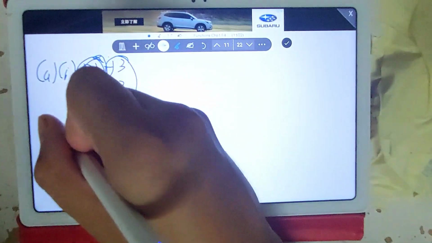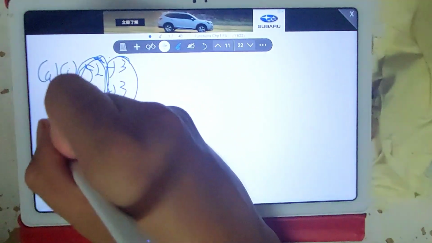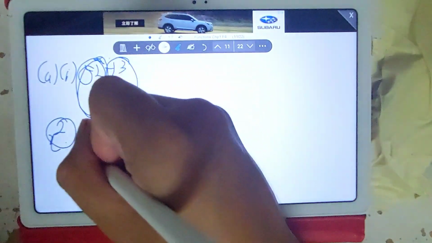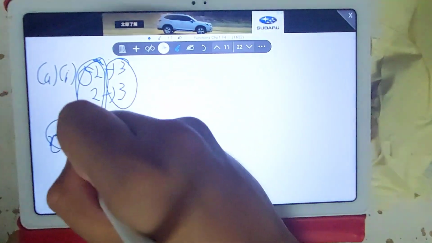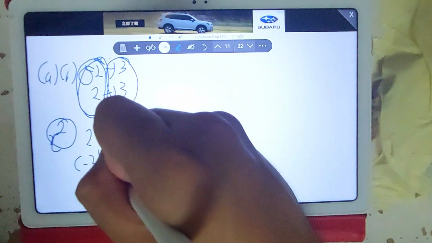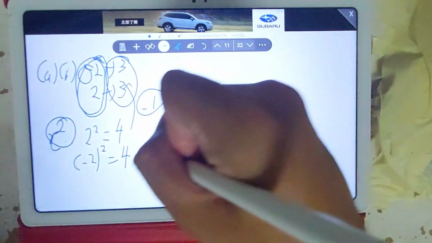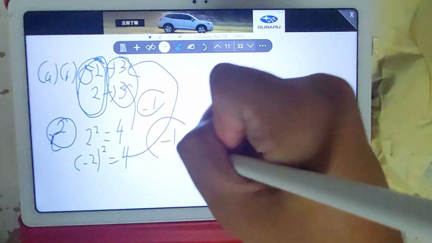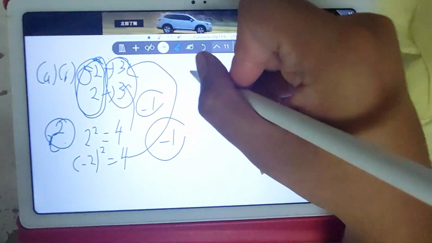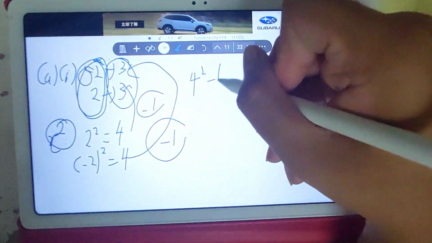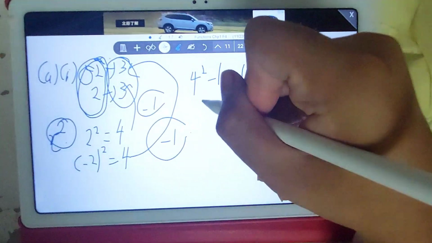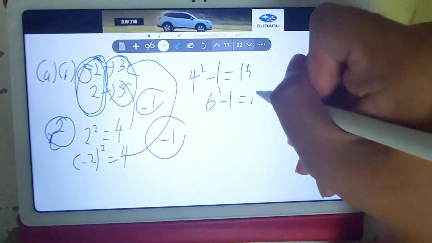So you can directly think of the square function, because if you square a positive number, 2 square, you get 4, and a negative number square, you also get 4. And how to get to 3 is you just minus 1. Both applies this concept. And if you take a look at the next numbers also, 4 square, you minus 1, you get 15. 6 square, you minus 1, you get m.